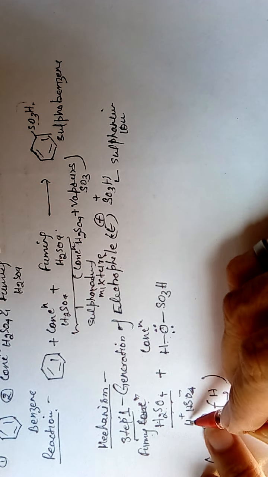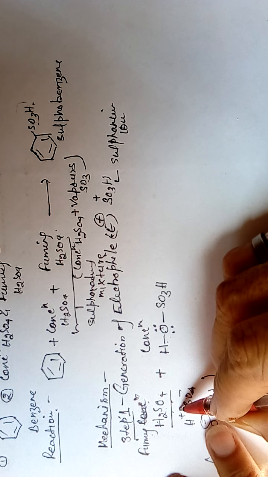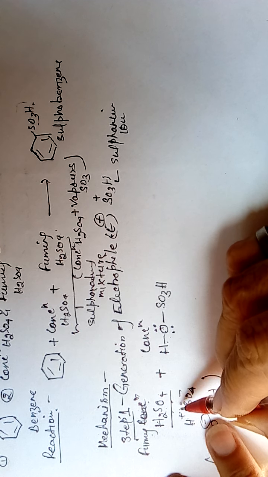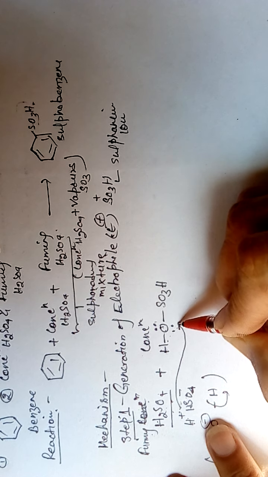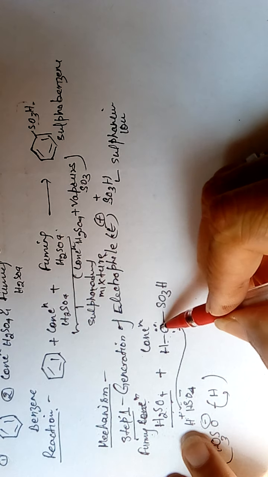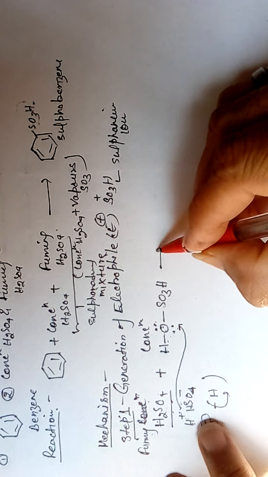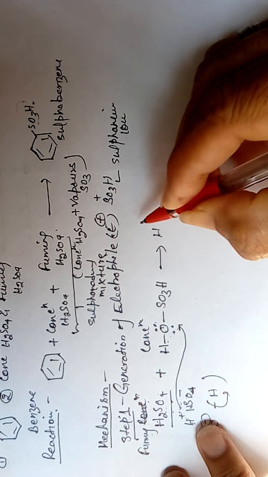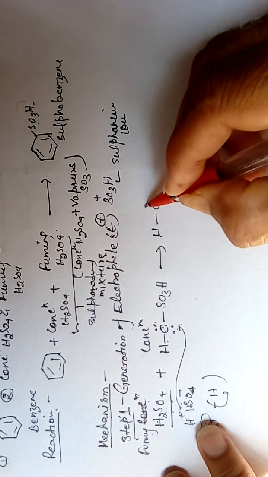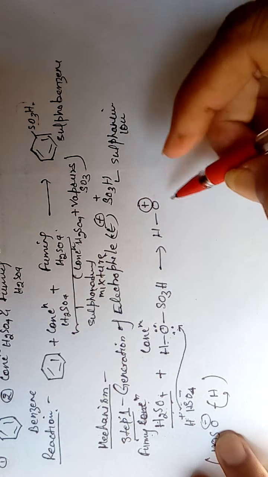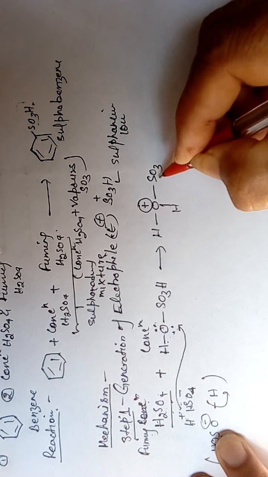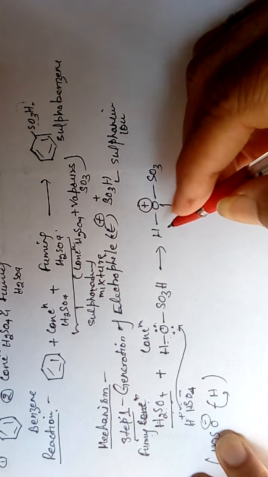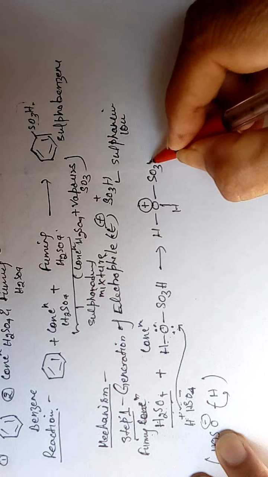When this proton is released from here, it takes the electron present on the oxygen and attaches to this oxygen. When this hydrogen is attached to this oxygen, a positive charge comes on this oxygen and it forms a compound like this.